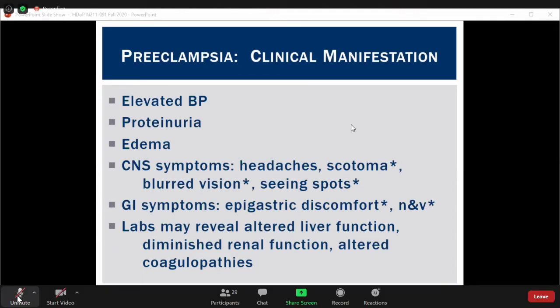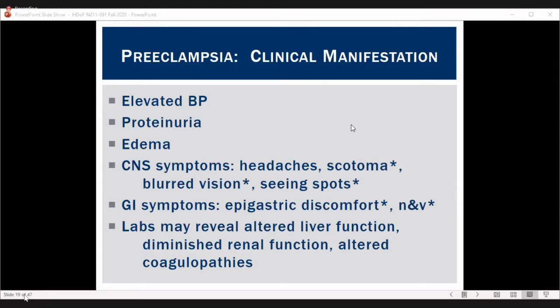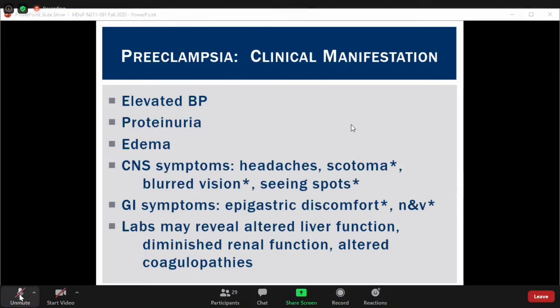What specifically tells you that it's diminished? So yes, the urine output, but how are you qualifying that? What number are you using? So remember, the normal urine output is 30 mLs per hour for an adult. So when you have this preeclamptic patient and the urine output is less than 30 mLs per hour, that's telling you have diminished renal function.